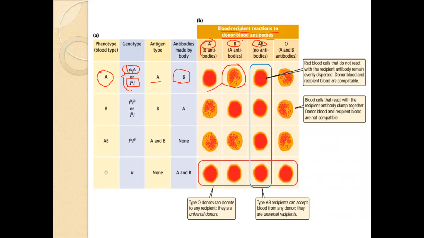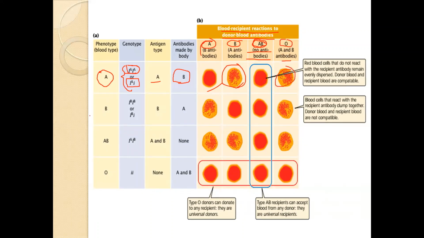If we transfuse B blood, it will not get clotted either. If we transfuse AB blood, no antibodies are there, so it will not get clotted. If we give O, where A and B antibodies are there, it will get clotted.